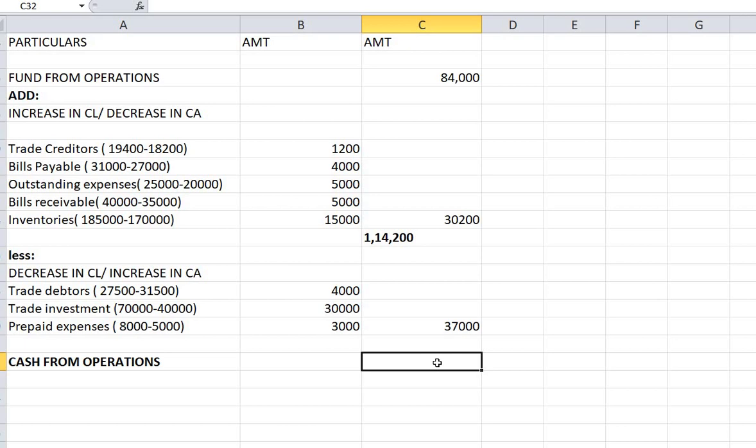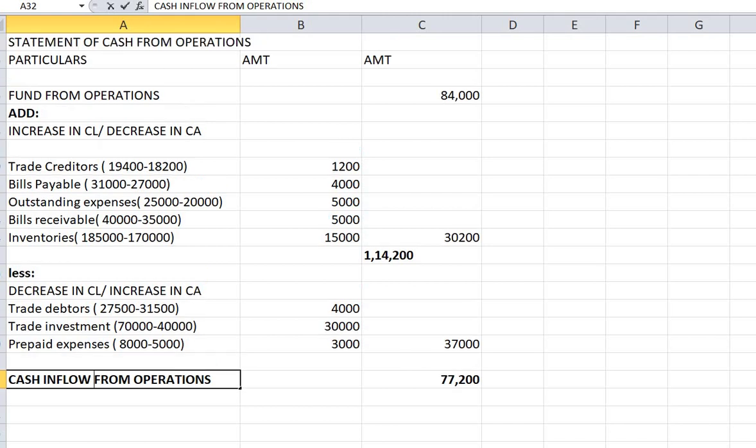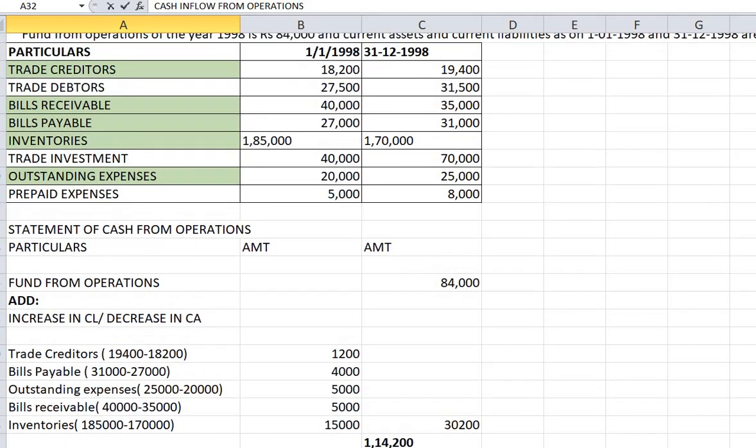From that, when you subtract 37,000, you will get the amount as a positive figure. It is 77,200. Okay, so this 77,200 is a positive figure. So you can just leave it as cash from operation, or you can just write cash inflow from operation. So this is how you calculate cash inflow or outflow from operations from the given transactions or given items in a balance sheet.